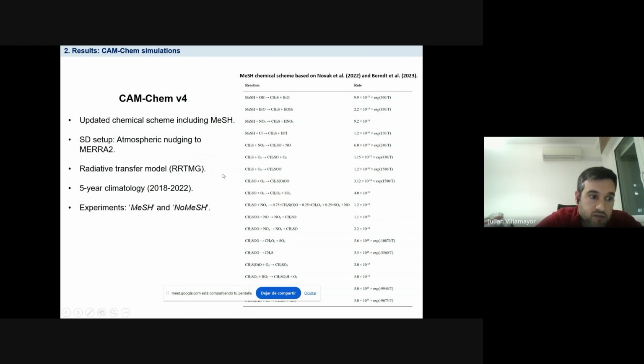We performed specified dynamics simulations with the radiative transfer model that allowed us to quantify the radiative effect of the sulfate alone, and reproduced 5-year climatologies. Finally, we conducted 2 simulations with the same configuration, but including or omitting the methanethiol flux.